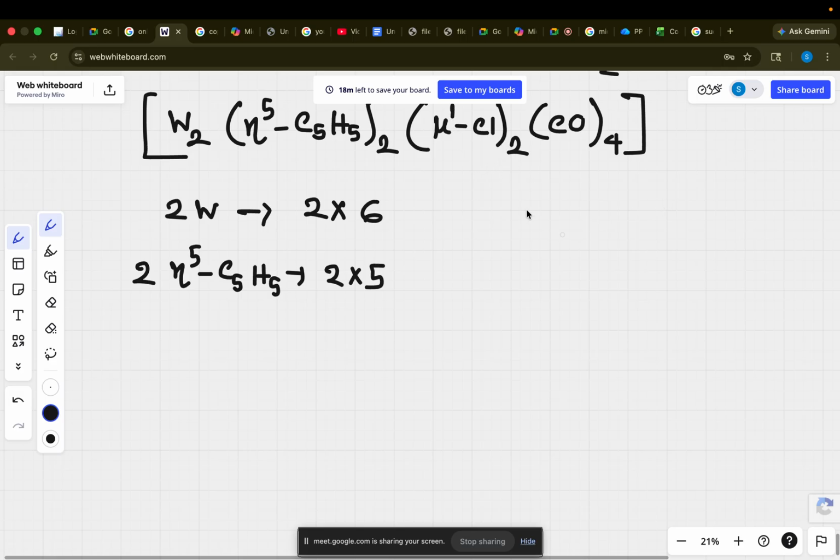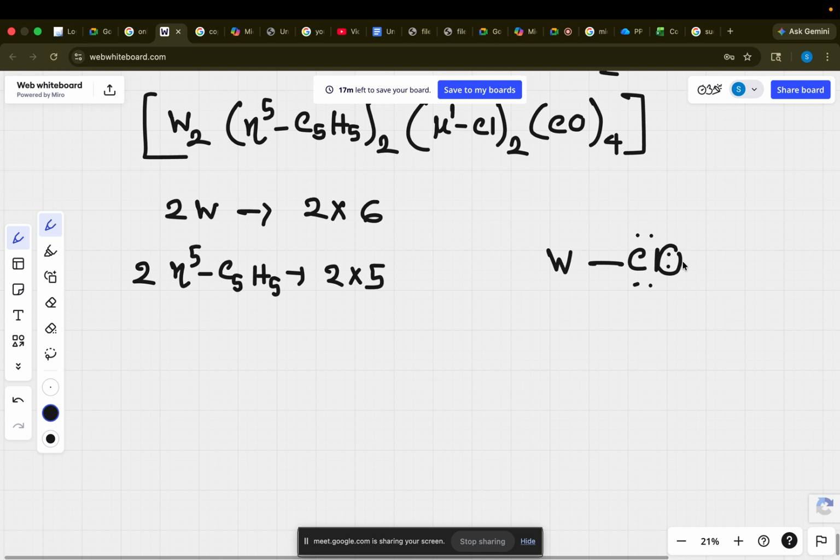Mu Cl means mu 2. So now write down the chlorine structure. It is already doing bridging, so that means chlorine is attaching with two metal centers. First of all, suppose you have this metal-chlorine bond, because this is a terminal bond. I already told you, every bridging ligand is first of all a terminal ligand. So 1 electron is involved in this. How many electrons left? 6 electrons left.